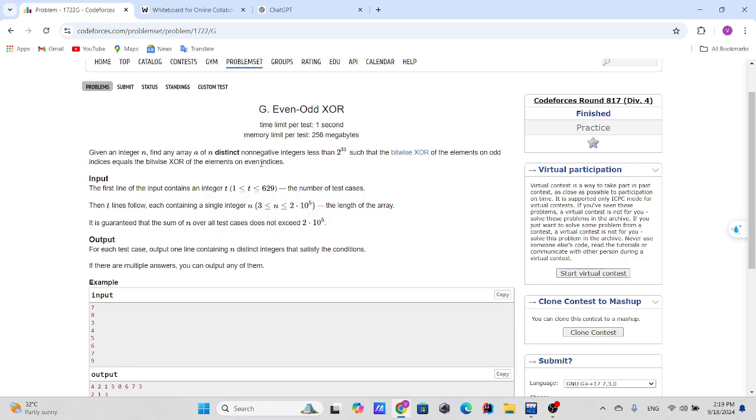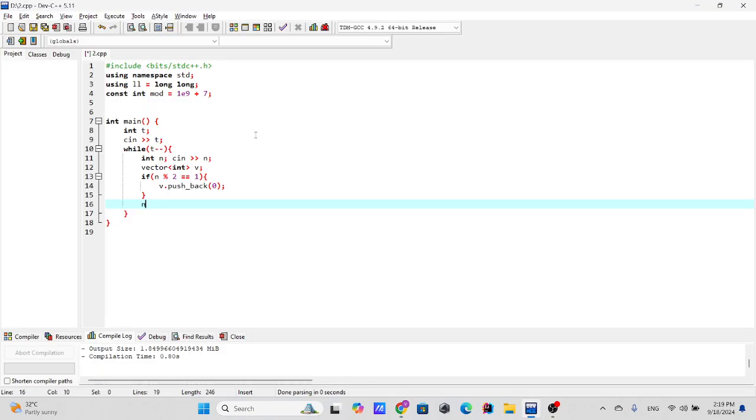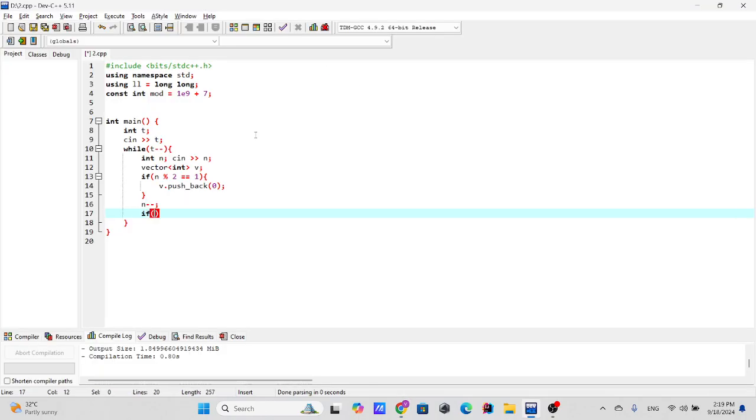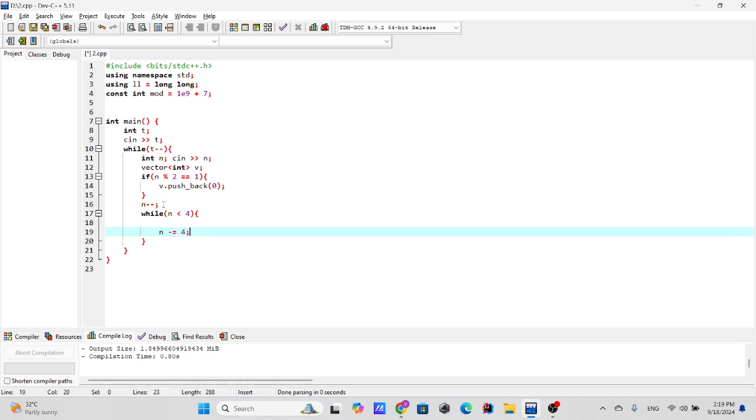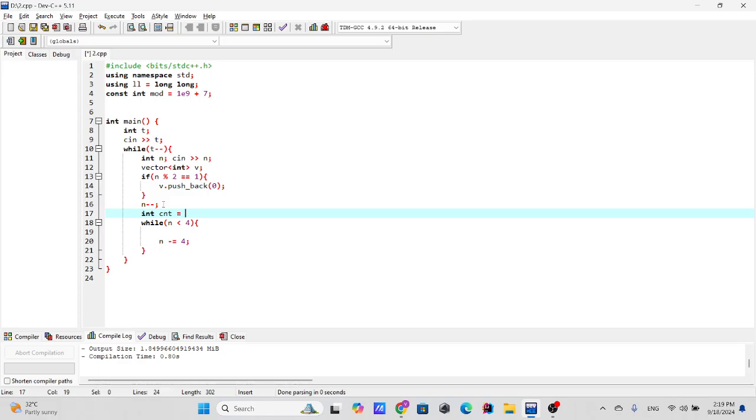What now? n minus minus, and if n is smaller than 4, right? n minus 4. int count will be 1 at first, it should be 2 at first.